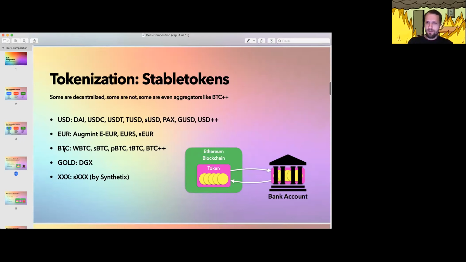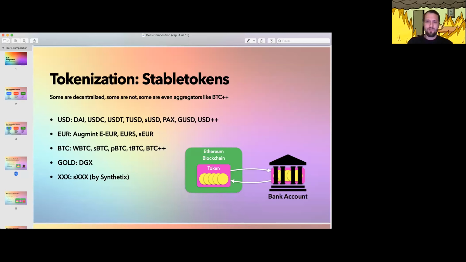So I listed some of them. Some of them work in a centralized manner. Some of them are decentralized, and some of them are aggregators. Here I showed how centralized stablecoins work.